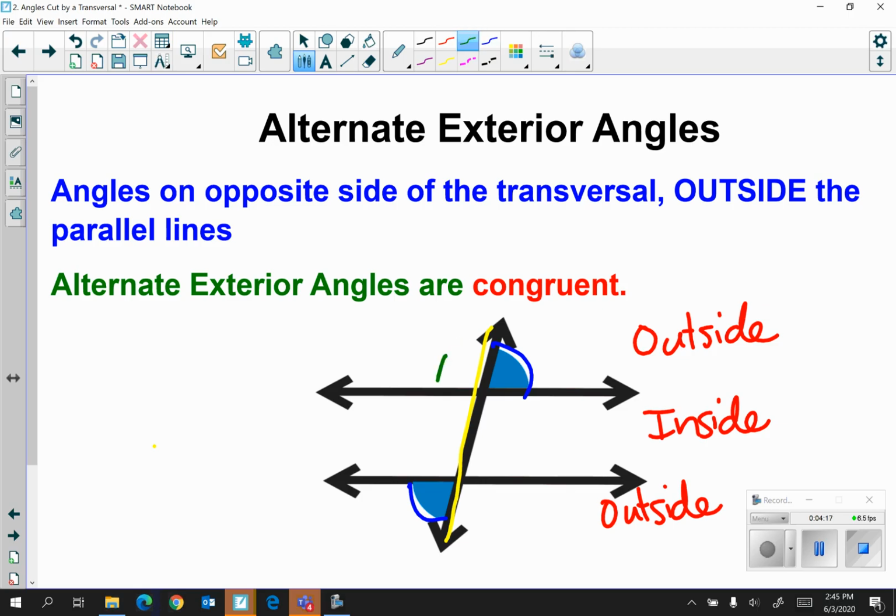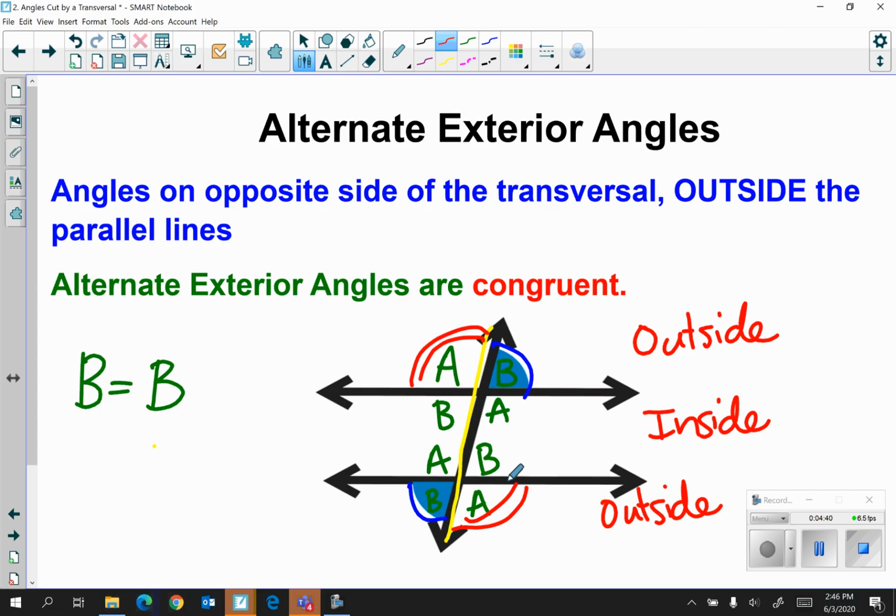So let's label with our A's and our B's. A, B, B, A, B, B, A. Notice they are both B's, and remember, B is equal to B. Another pair of alternate exterior angles would be this A and this A. They're both outside the parallel lines and on opposite sides of the transversal.